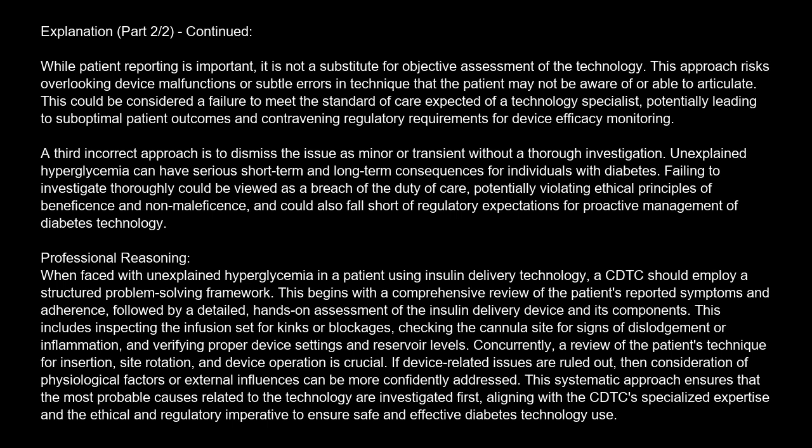Concurrently, a review of the patient's technique for insertion, site rotation, and device operation is crucial. If device-related issues are ruled out, then consideration of physiological factors or external influences can be more confidently addressed. This systematic approach ensures that the most probable causes related to the technology are investigated first, aligning with the CDTC's specialized expertise and the ethical and regulatory imperative to ensure safe and effective diabetes technology use.